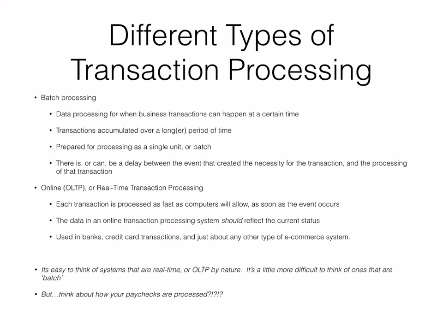So data in an online transaction processing system should reflect a current status. Like I've said, it's used in banks, credit card transactions, Sabre, and any other type of e-commerce transaction that takes place. Increasingly, there's a growing connection between what you purchase online and the current balance in your bank account.